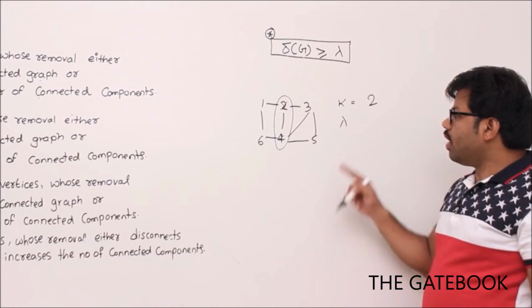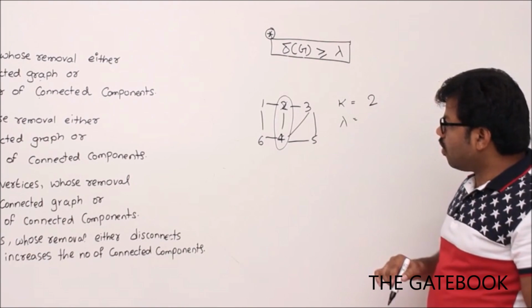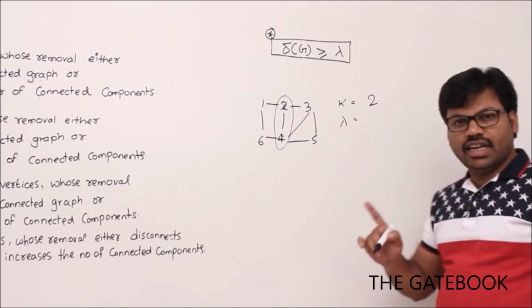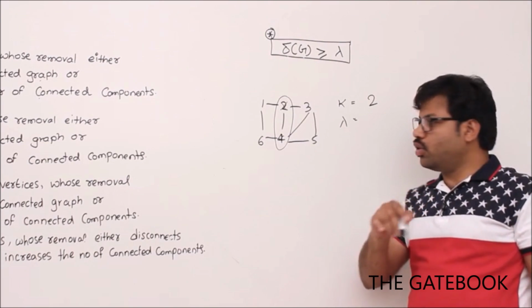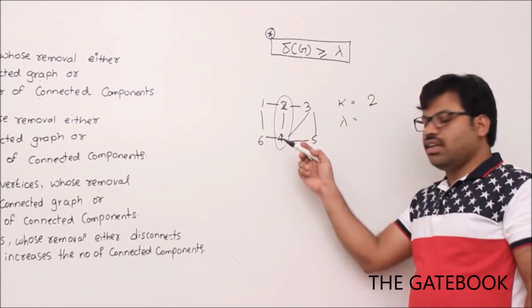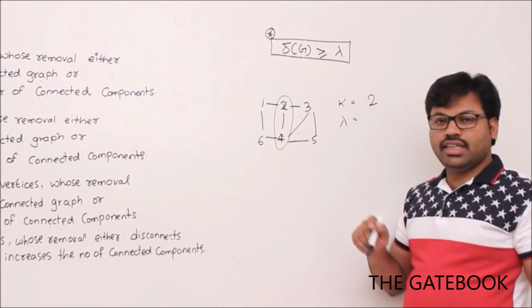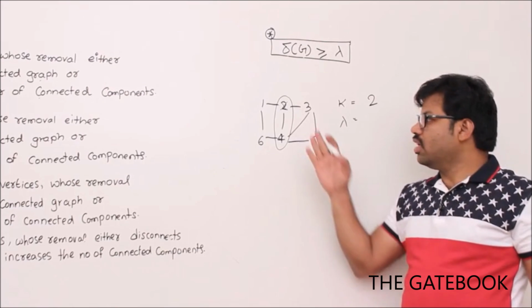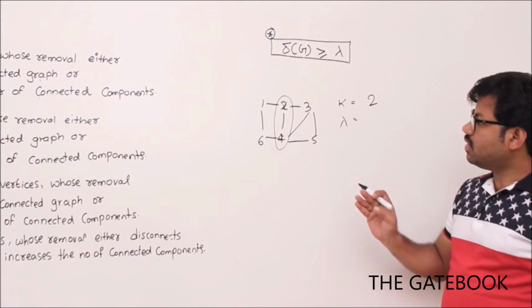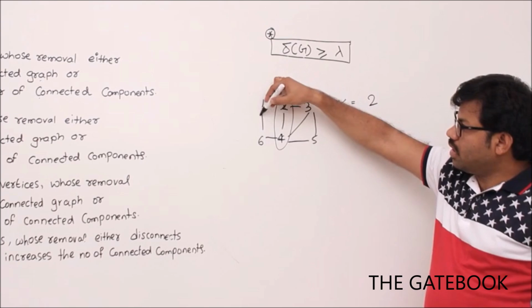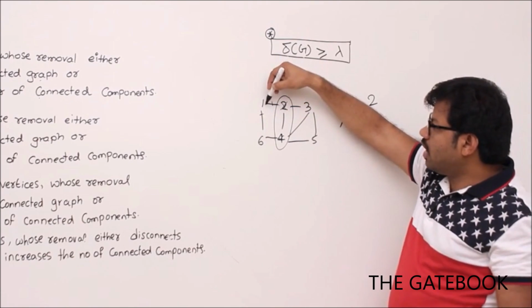Second one, the minimum number of edges required to disconnect this graph. Can I do it with a single edge? Impossible. Already I told you, if every edge is on a cycle, then that edge cannot disconnect the graph. Then the possibility is a group of edges, that means multiple edges. I think 2 is enough, because what is the minimum degree of this graph? 2.